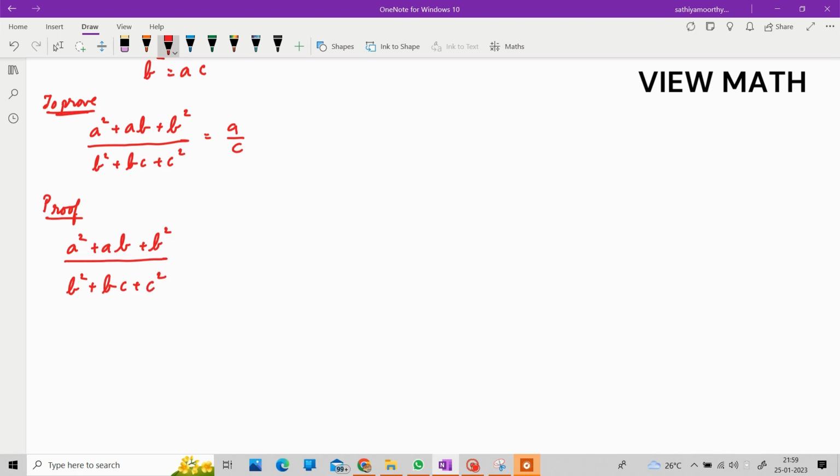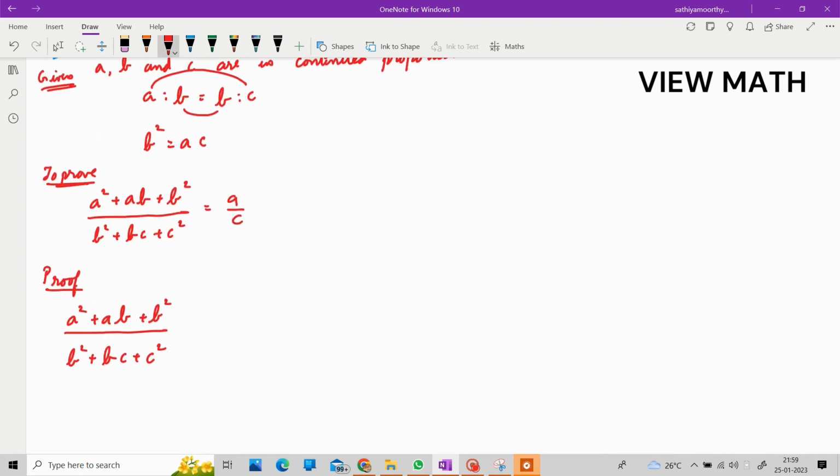Now this is equal to a square plus ab, and instead of b square I'm going to substitute ac, so plus ac, divided by, similarly in the denominator we have b square, so I'm going to substitute ac plus bc plus c square.